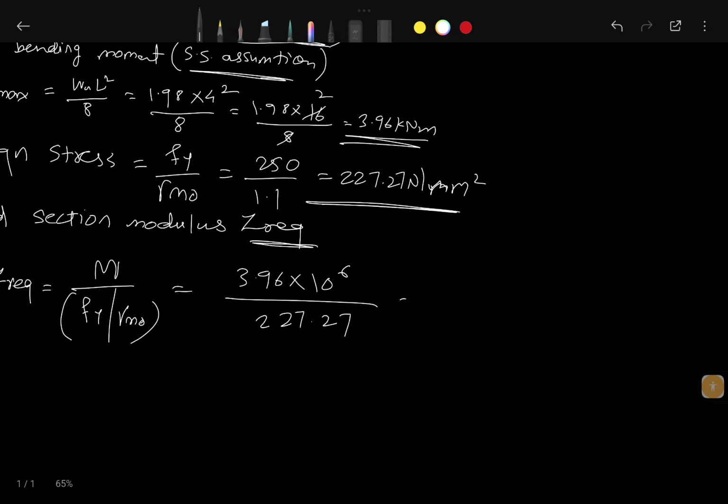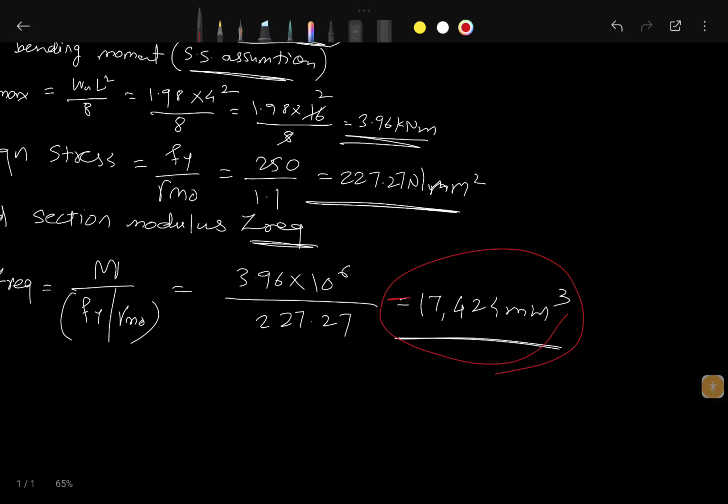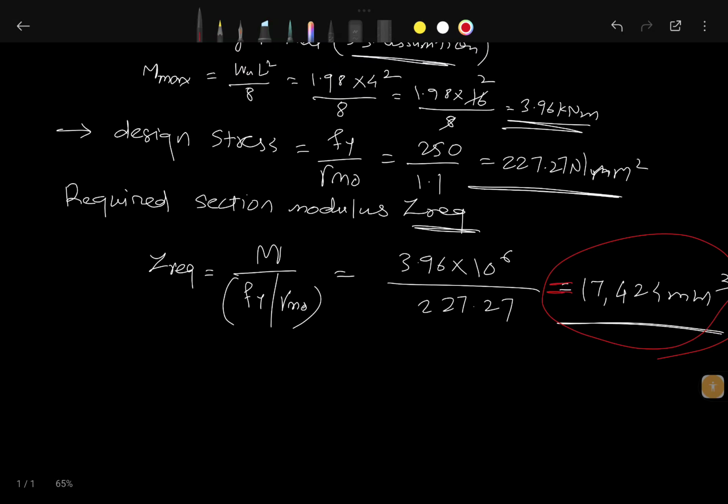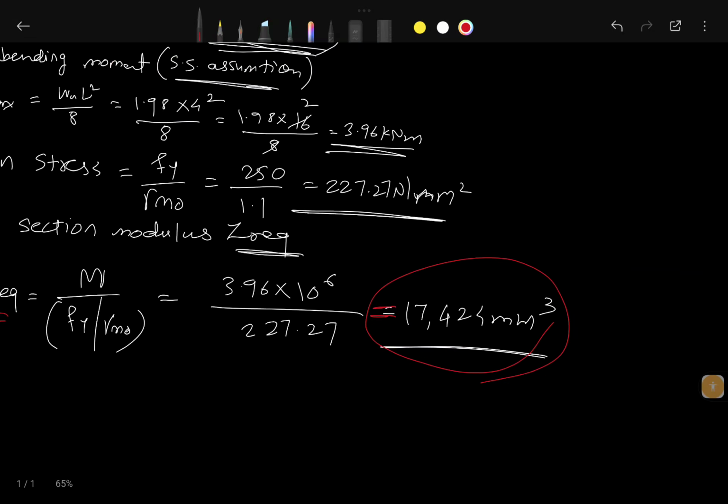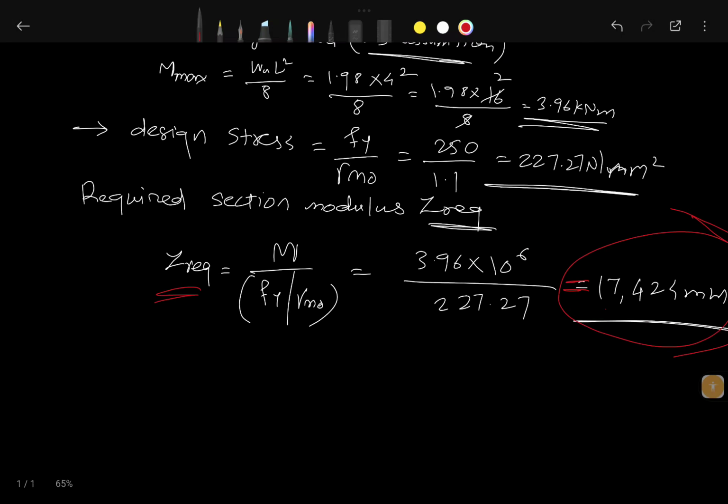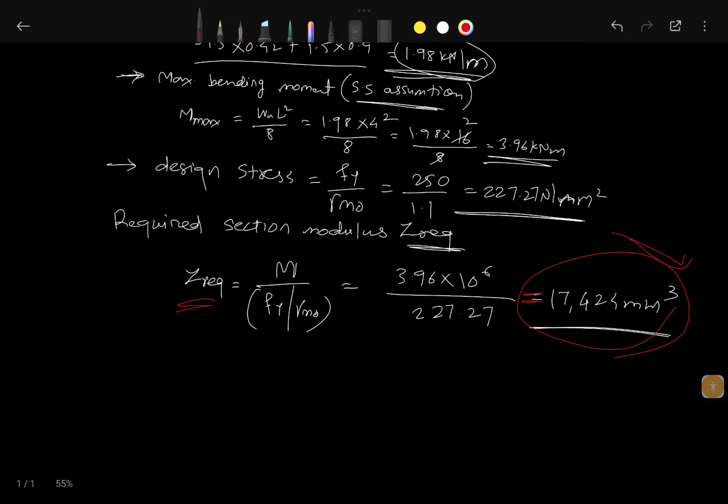If we calculate this, we get the value 17,424 mm cube. This is the section modulus. Whatever the section, the Z section or C section, if the section modulus of that section is greater than 17,424, then we can use that section for this type of base spacing.